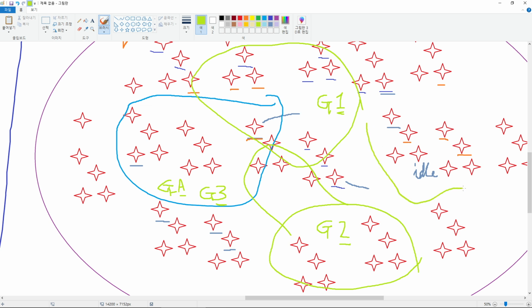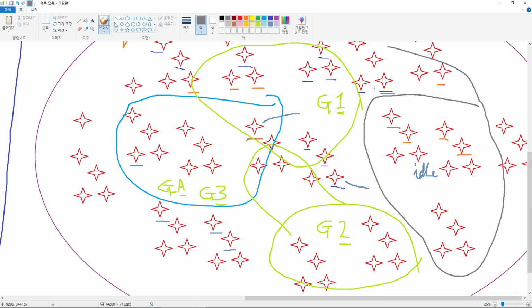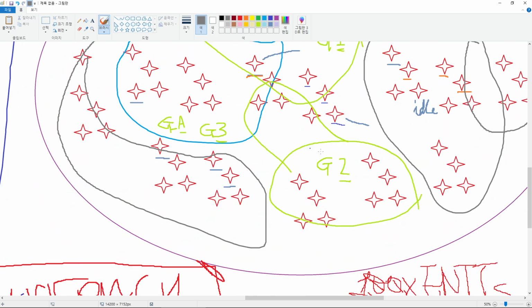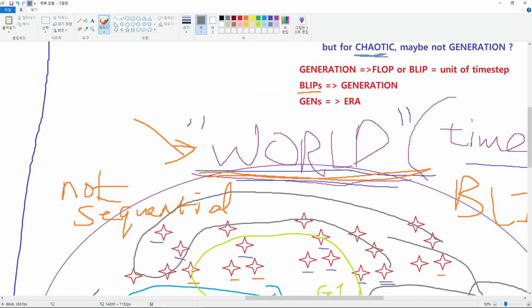And all these entities that are not selected, let's do it in gray, these ones will just go idle in that time step.